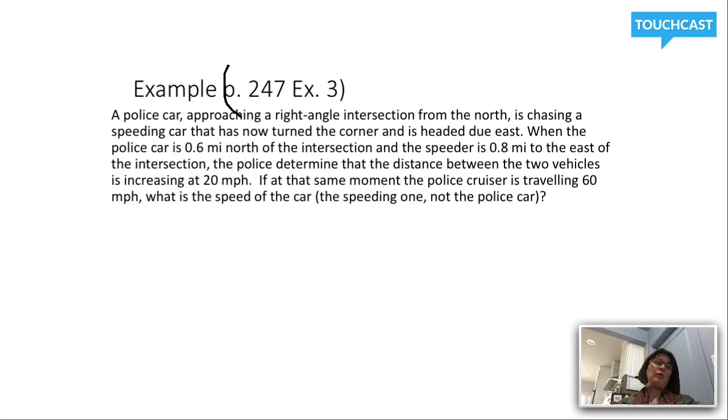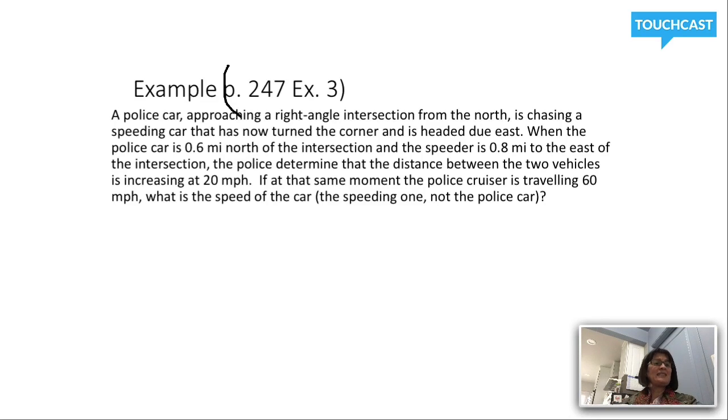But these last 3 problems are examples of related rates problems that are each complicated in their own way. The last example we did, the volume of the cone, was complicated in taking the derivative of the equation we had. It was easy to find the equation, they gave it to us. But taking the derivative was complicated because that had 2 variables in it, so we had to make sure we stopped and used the product rule.